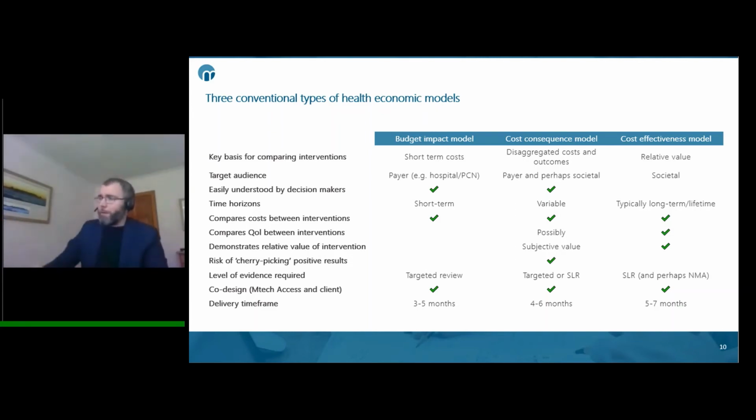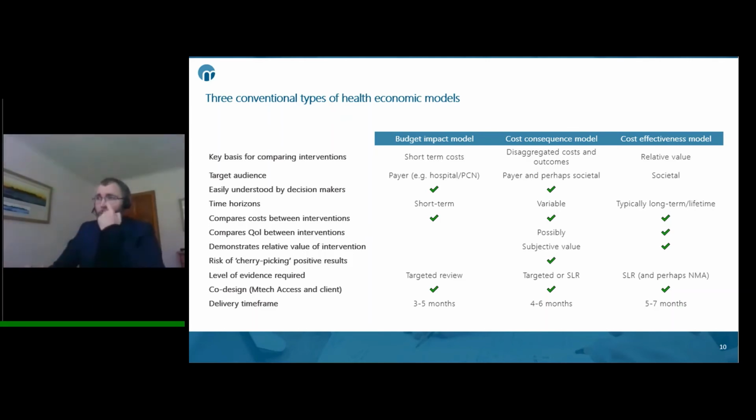And then the cost effectiveness model, very much looking at combining, in an efficiency sense, the cost and benefit relative to its comparators of this new medtech asset. So thinking about how much more do we have to spend to attain one more unit of the health benefit that we are targeting.